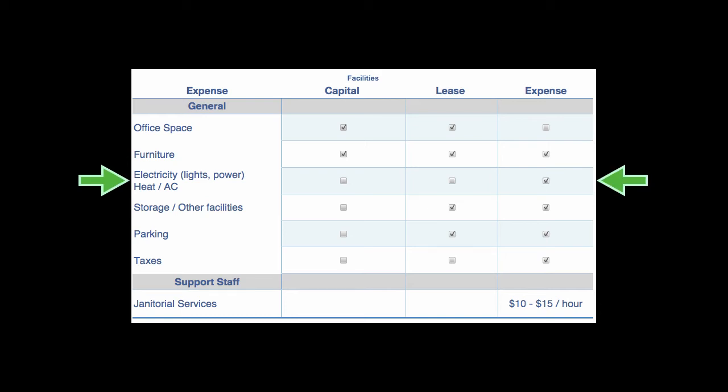If your office space is not leased, then you may have electricity costs for lights, power, heat, and air conditioning. Of course, storage facilities to maybe store furniture or computer equipment, if that is off-site from your local facility, include that. Parking, if you're in a multi-tenant building where you're sharing parking spaces with other tenants, then you may have to pay a premium for additional parking spaces over and above what's normally allotted.